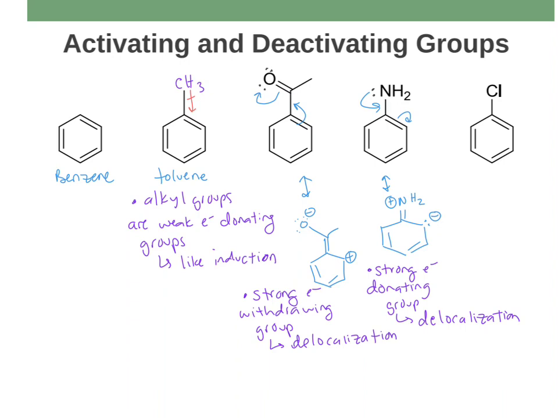And then lastly, if I look at the chlorine here, it also has lone pairs on it. While I could draw a resonance structure where those electrons drop down, maybe I will. Let's just go ahead and do that. It'll be akin to the aniline. So Cl, one of its lone pairs now in the ring.